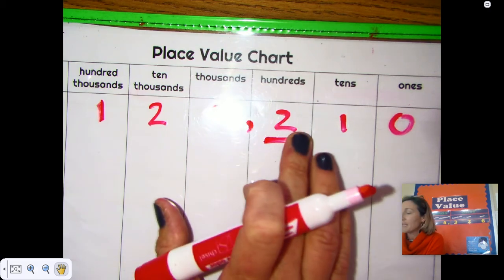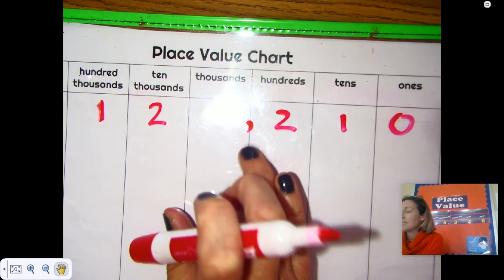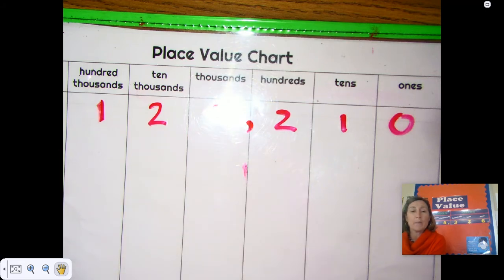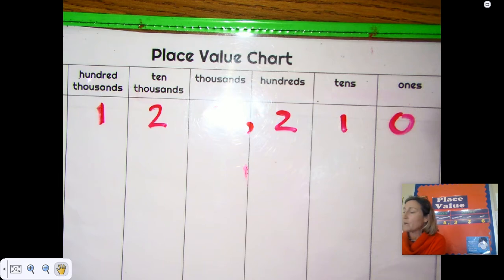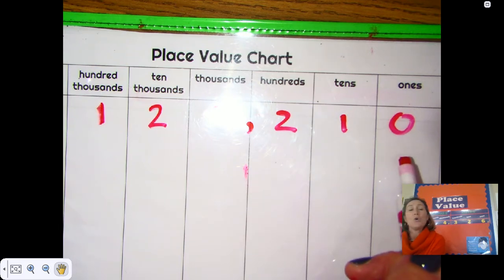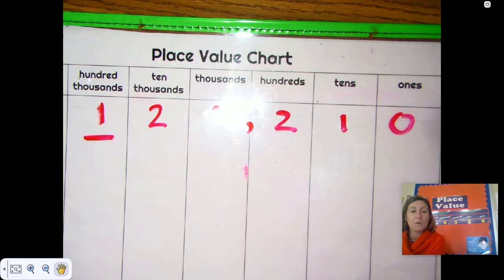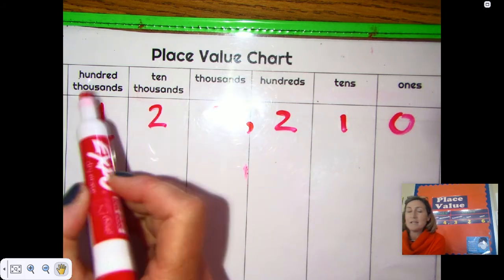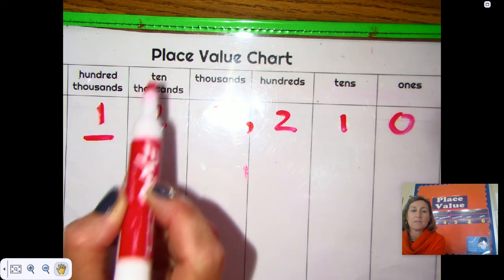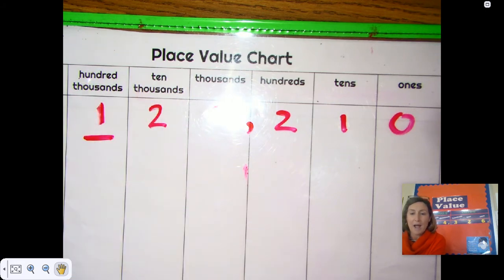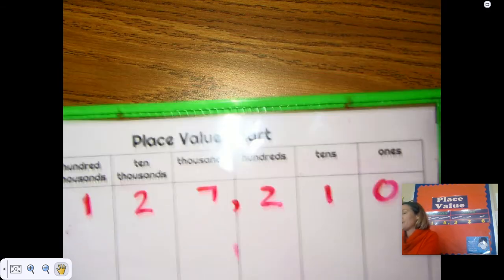So when they say you're going to round your number to a certain place value spot, that's the number that you're going to underline. So if we said round your number to the nearest 100,000, we would come over here to our 100,000 place and we would underline that. And that is the number that's going to tell us either to round up or to round down. Okay, so we want to make sure that you understand that first.